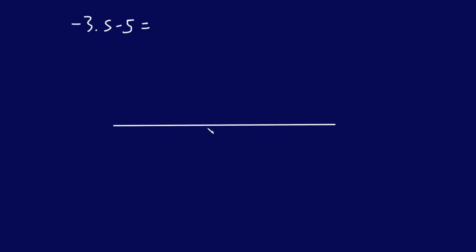Superman is 3.5 meters, or whatever the case, 3.5 yards underground. So here's Superman, and this distance here is -3.5 from here to here. And this is 0 meters, I guess.